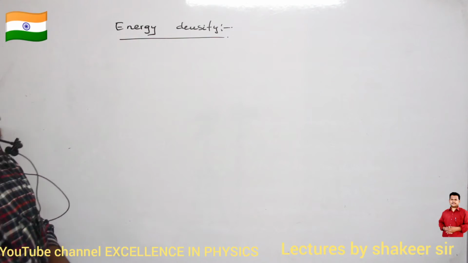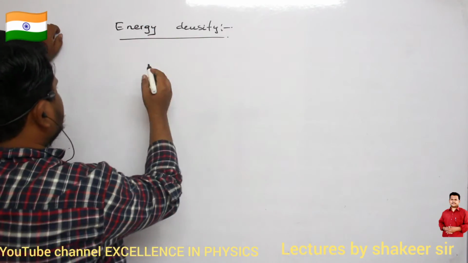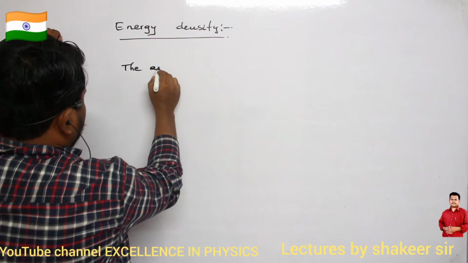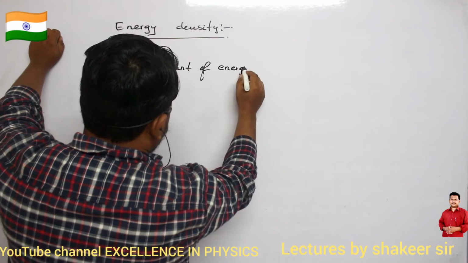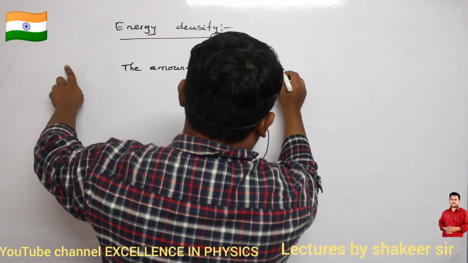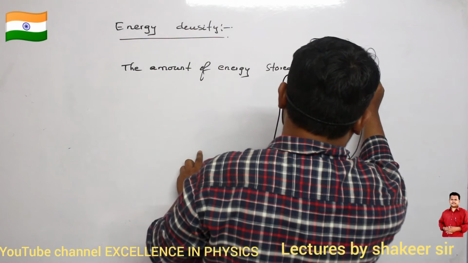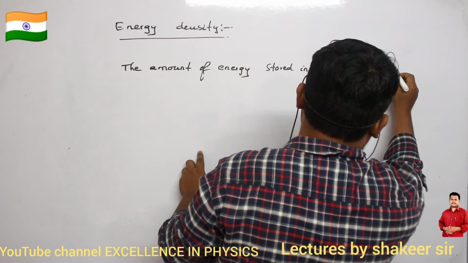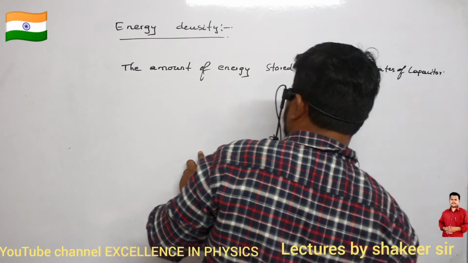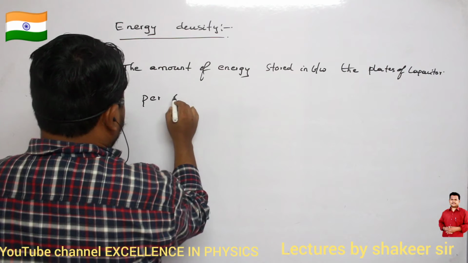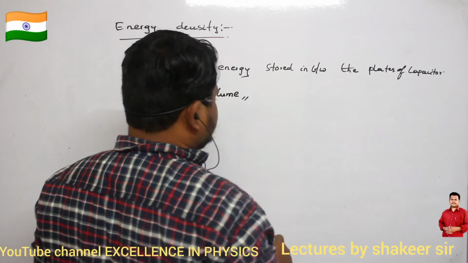The next topic is energy density. What is meant by energy density? Let us write. The amount of energy stored between the plates of a capacitor per unit volume is called energy density.